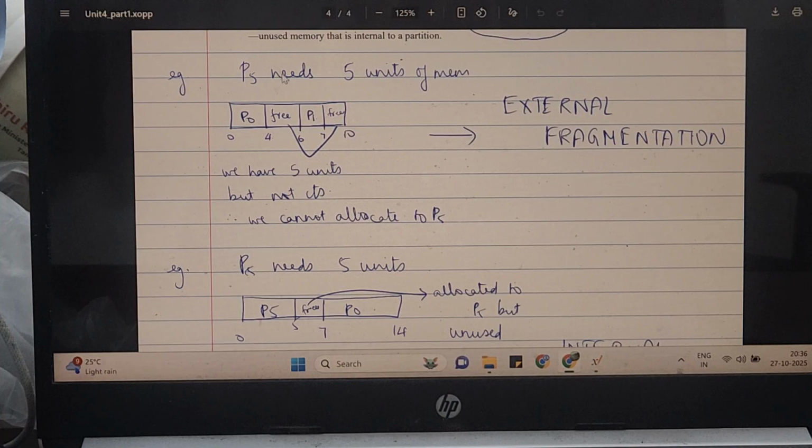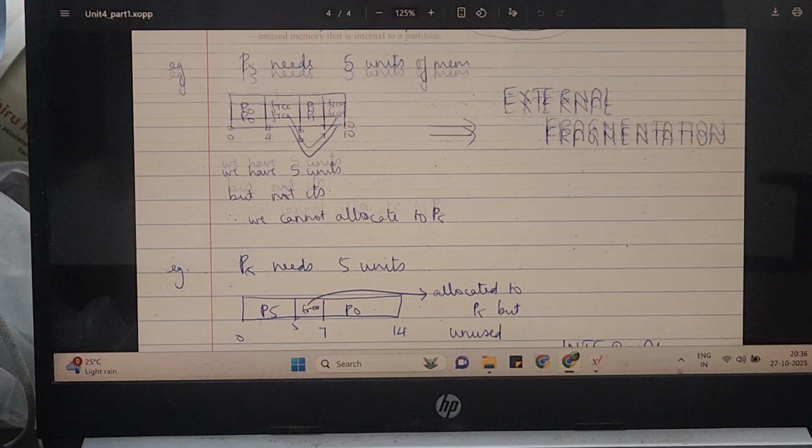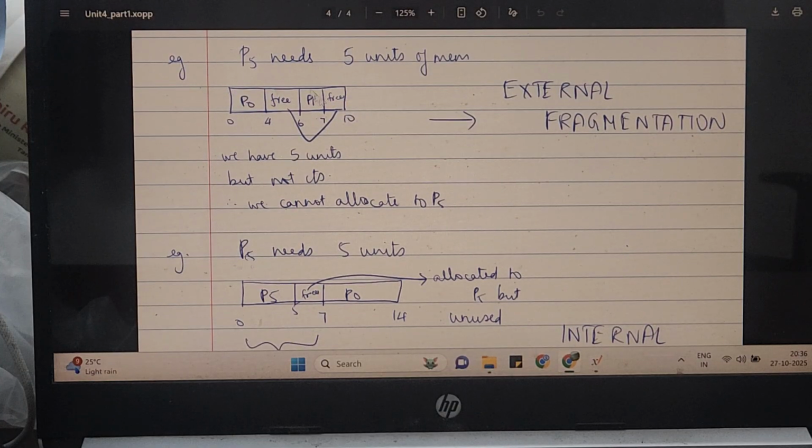And P5, which is newly incoming, needs 5 units of memory. So technically speaking, you have enough memory to accommodate this process, but the free spaces are not contiguous, they are two separate fragments. So you cannot allocate memory to P5. P5 will have to wait until one of these processes finishes and leaves, although there is actually enough space in your memory to accommodate P5.